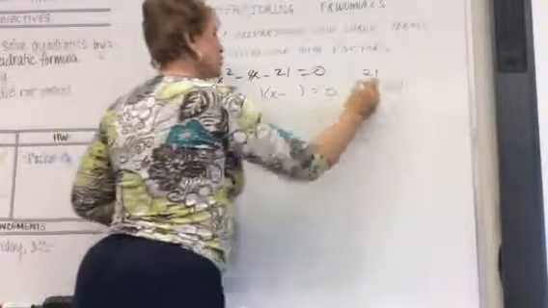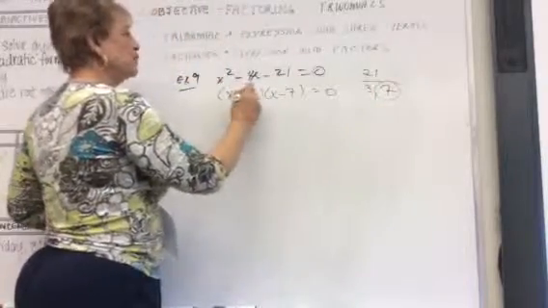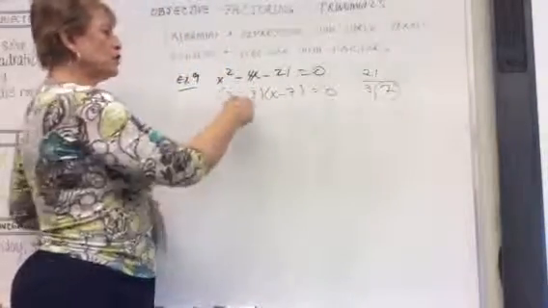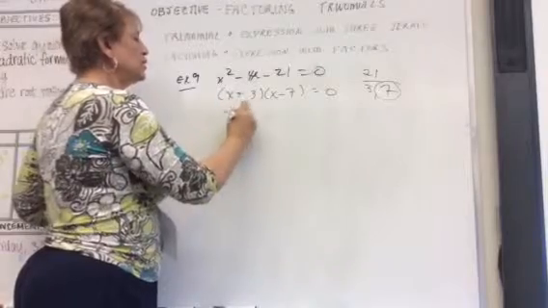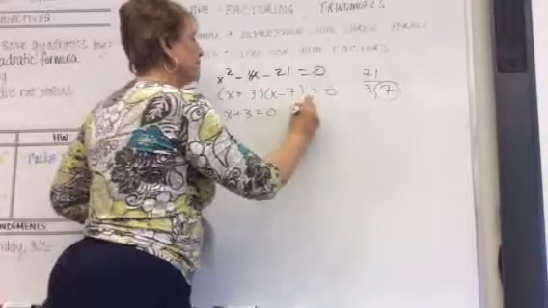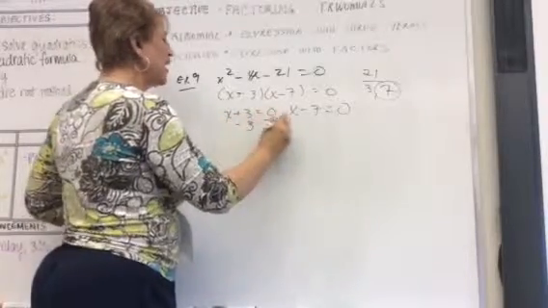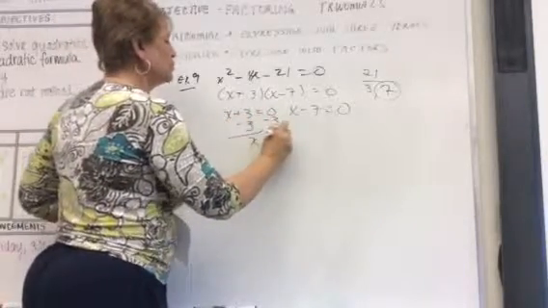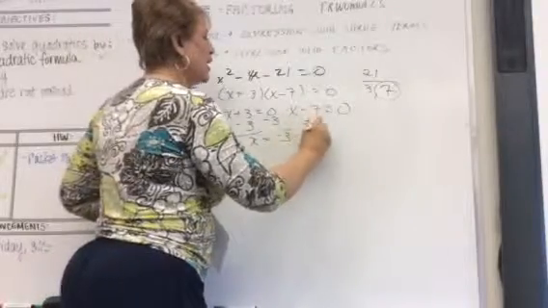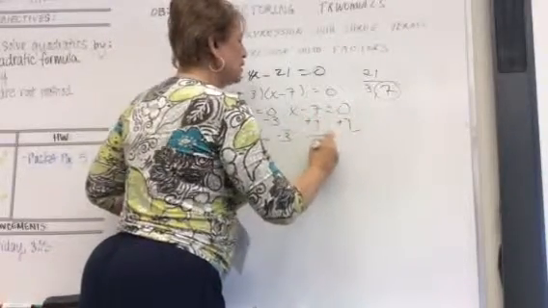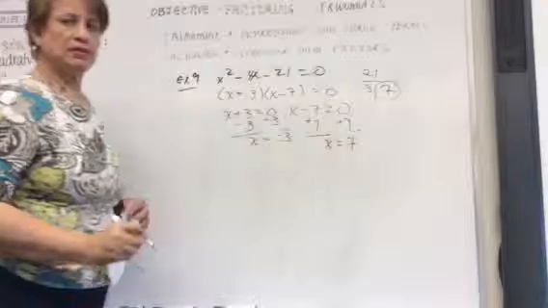And 7 is larger, so the 7 has to go with the minus, and 3 has to go in the other location. I set each one equal to 0. I'm going to add a negative 3 to both sides. That gives me x equals negative 3. And here I'm going to add a positive 7 to both sides. That gives me x equals 7.